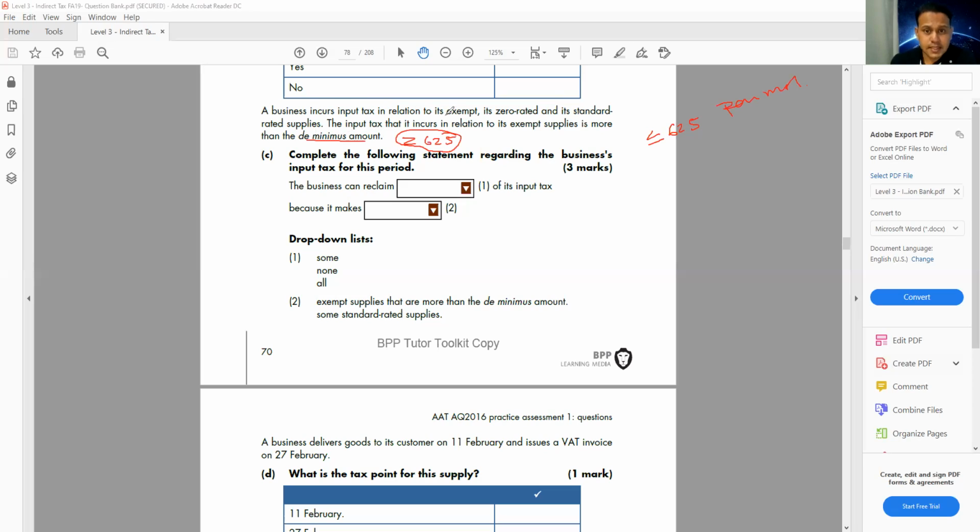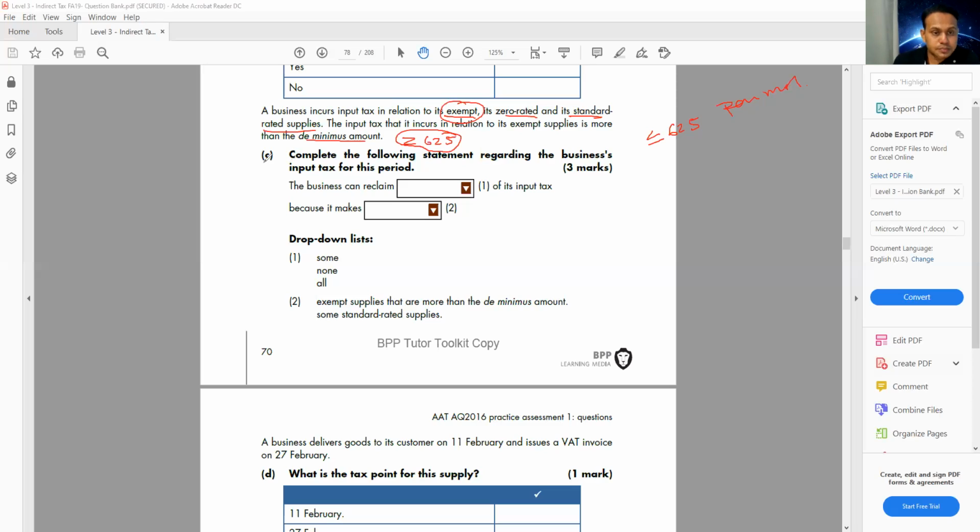When there is exempt and zero rated and standard, maybe some of the VAT I cannot claim because it is not satisfying my diminished test. The exempt supply VAT I have paid, maybe I cannot claim back, because there is a criteria. If you want to claim back the exempt supplies, the diminished test has to be satisfied.